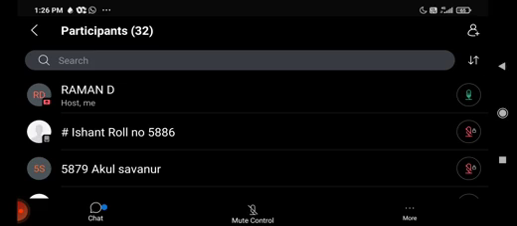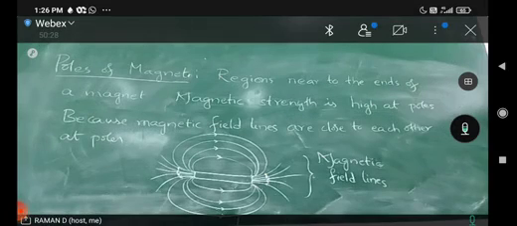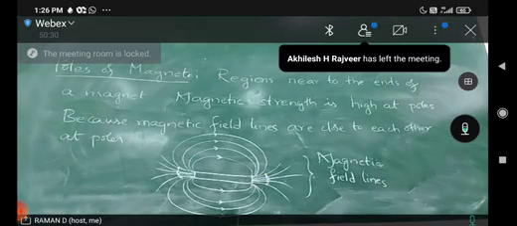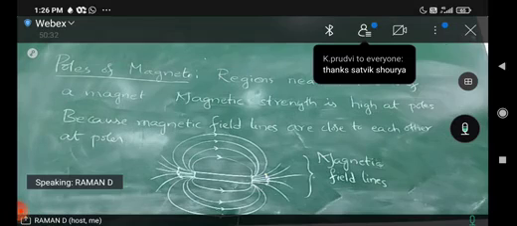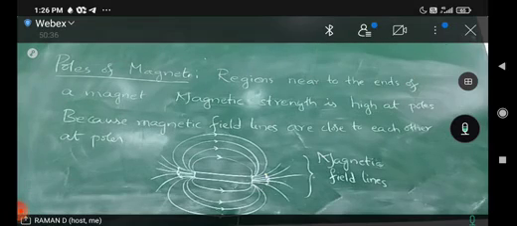Right? So mark the ends of the magnet showing these ends. Already you have marked one end. Opposite to this end, the other pole, it is showing the other direction.